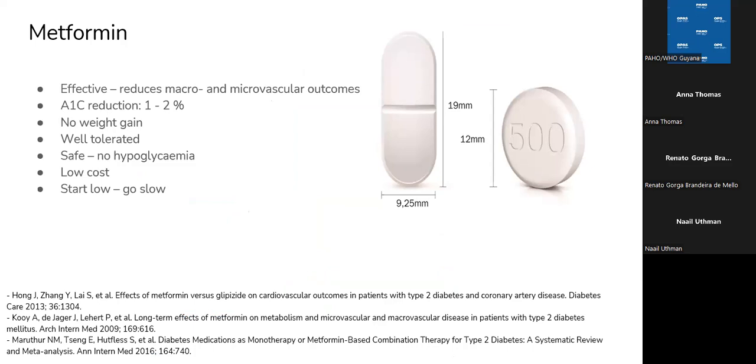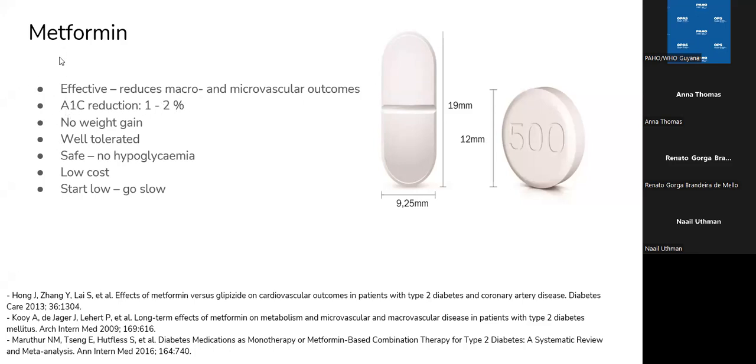Metformin is the first line therapy for diabetes because it's effective; it reduces macro and microvascular outcomes. Metformin reduces glycated hemoglobin by 1 to 2%.